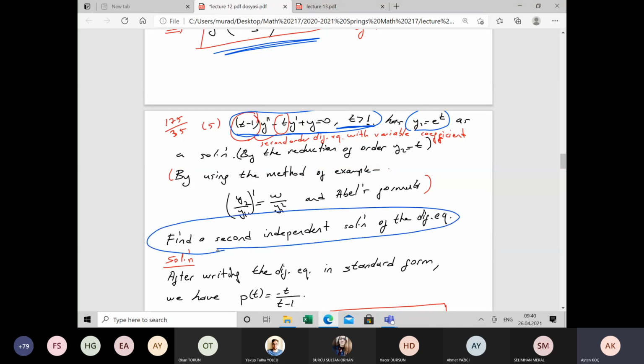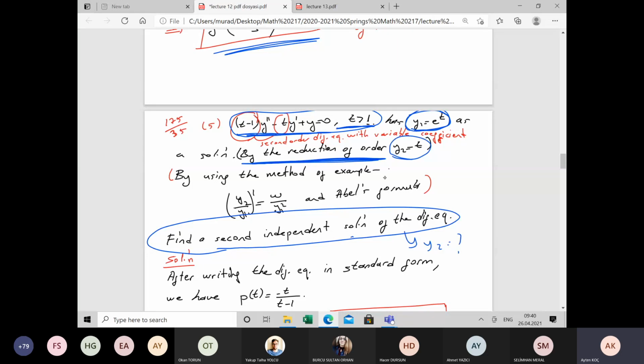We have our differential equation and only one solution, but this is a second order differential equation. So what is y sub 2? Using the hint and the reduction of order, we obtain y sub 2 is t.